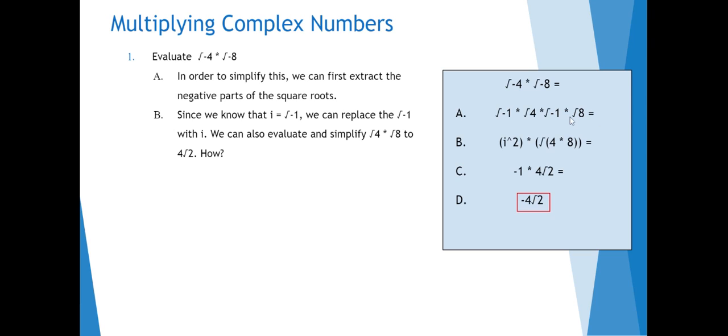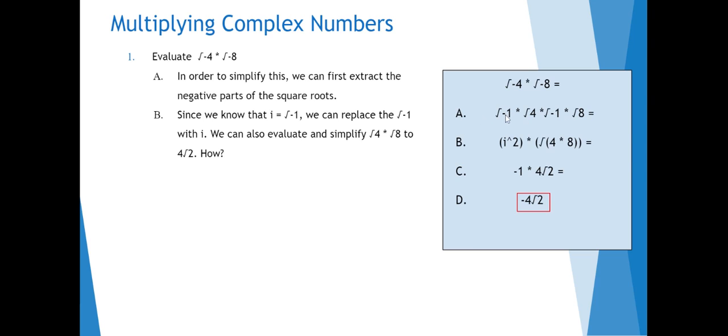And for B, since we know that i is the square root of -1, we can just sub in i. We can just replace the square root of -1 with i. So it would be i times root 4 times i times root 8.